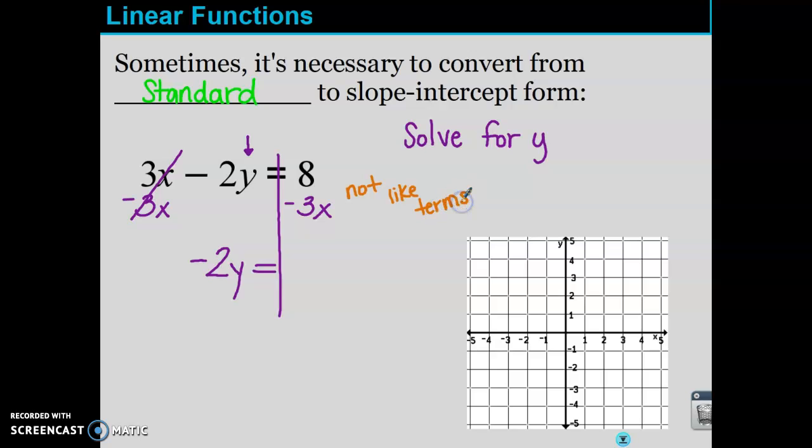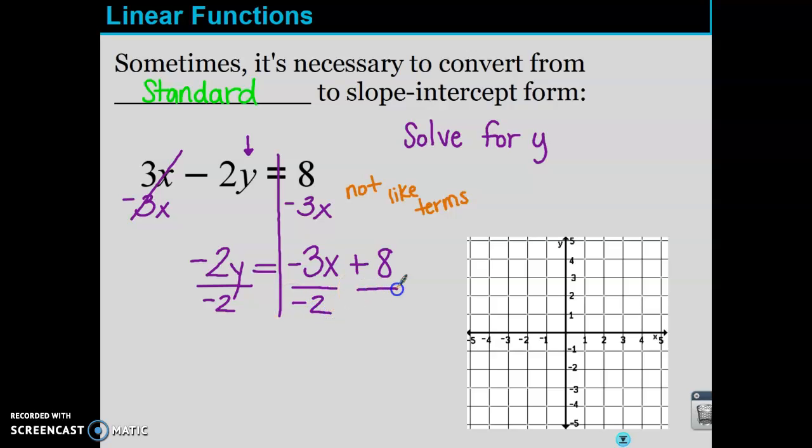What we do is we just write those as two separate terms, but we typically organize it in slope-intercept fashion. So the negative 3x first, and then the plus b or the plus 8 on the end. Now to solve for y again, I need to divide.